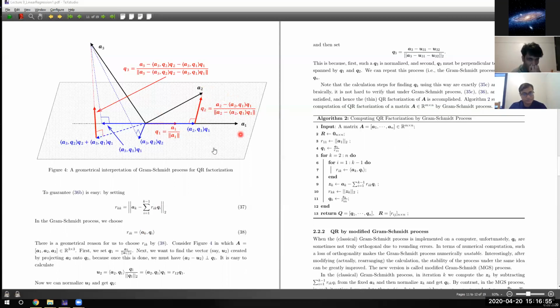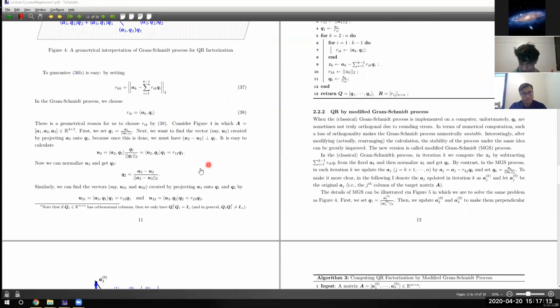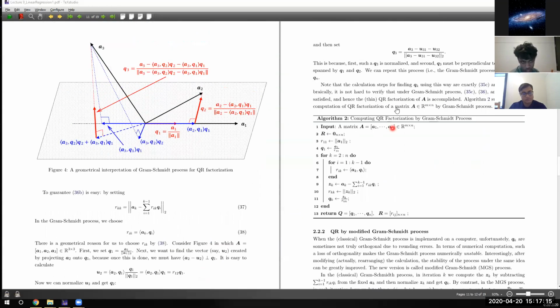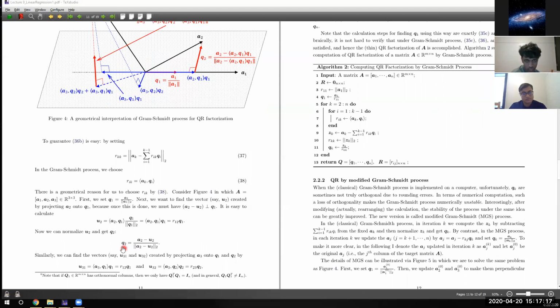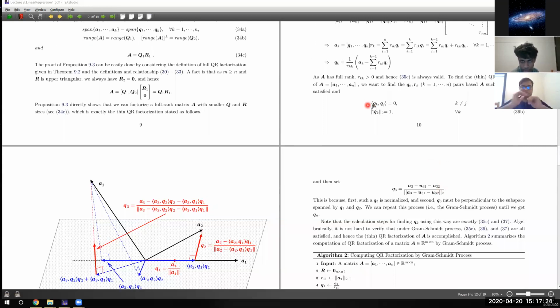And you can do it step by step: first get Q1, then Q2, then Q3. This is the geometric interpretation. What you need to do is plug in your Q's, which equal to this, and plug in your R_IK, and then check whether this is really satisfied.